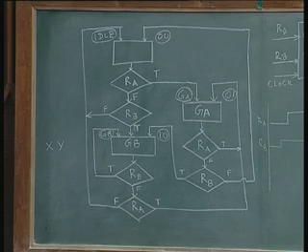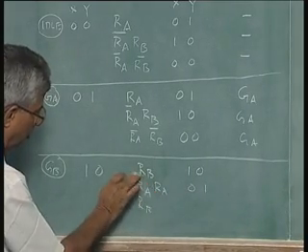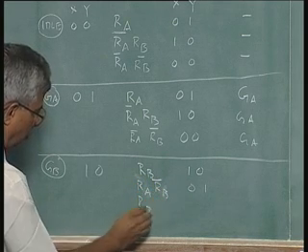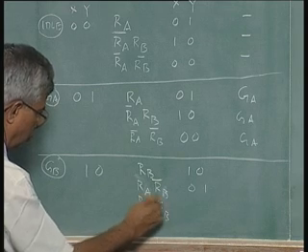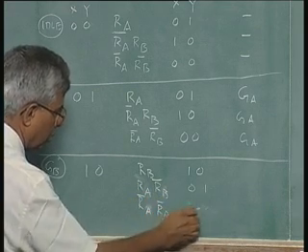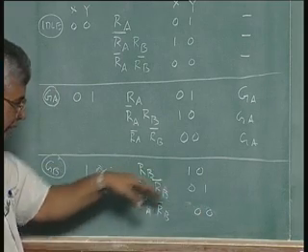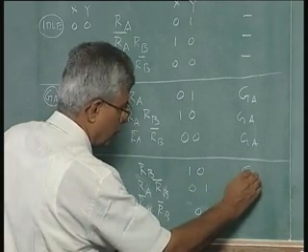If both are false, it goes to 0 0 state, and in each of these paths or each of these rows, output is GB.